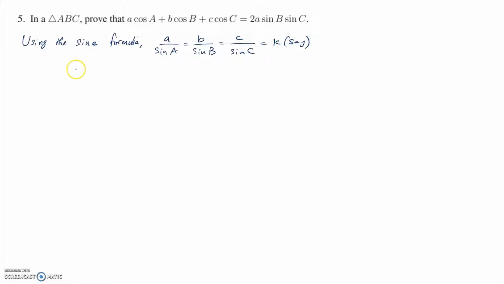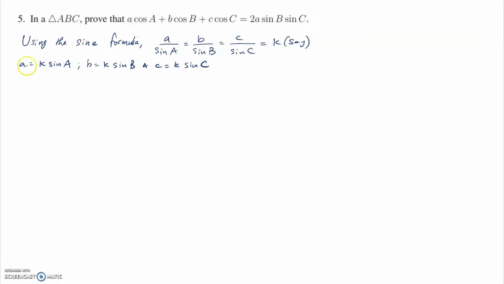Therefore, we can rewrite a as k sin A, b as k sin B and c as k sin C.